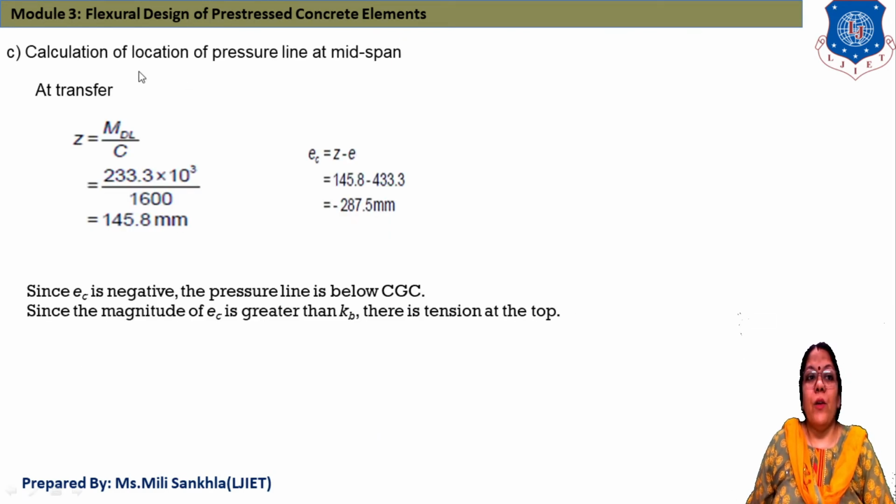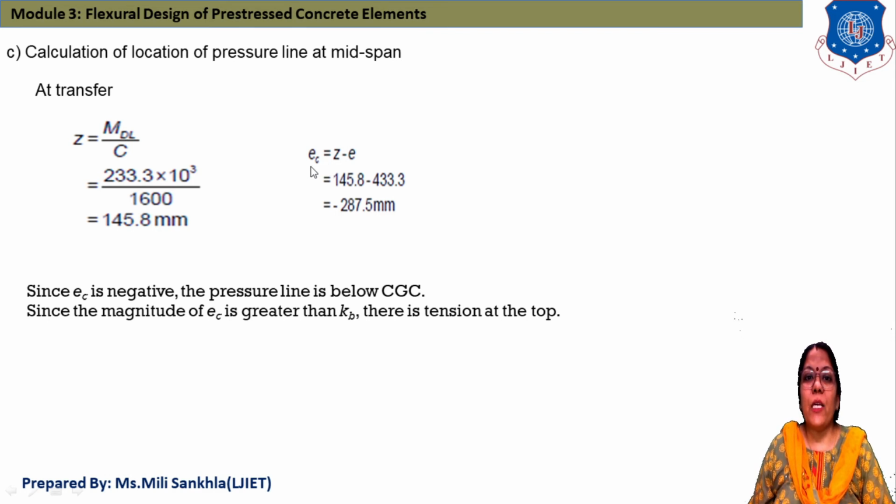Now here we find out the calculation of the location of the pressure line at midspan, which we can also call the thrust line or C line. At transfer, the equation of the lever arm Z is equal to the moment due to dead load divided by C. Here Z is the lever arm, that is the summation of E plus EC, where E is the eccentricity due to steel and EC is the eccentricity due to concrete.